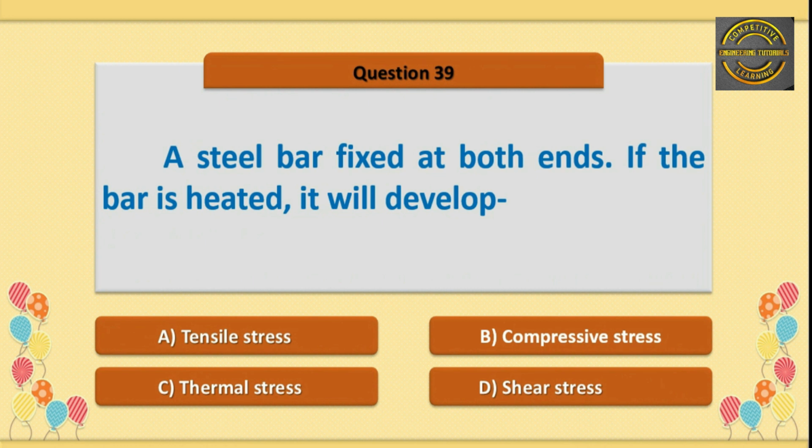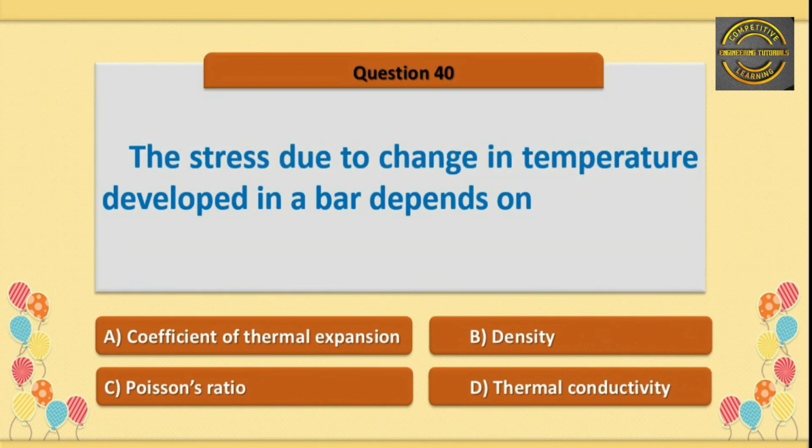If the bar is heated, it will be developed. Option B is correct. Compressive stress. Question number 40. The stress due to change in temperature developed in a bar depends on. Option A is correct. Coefficient of thermal expansion.